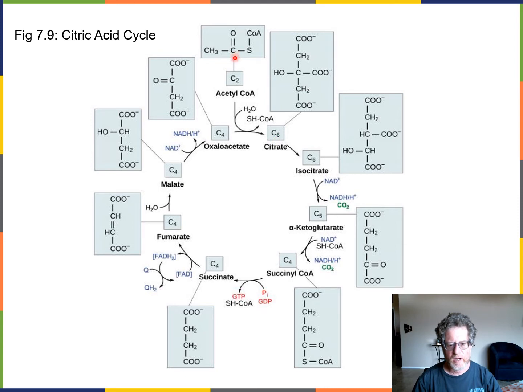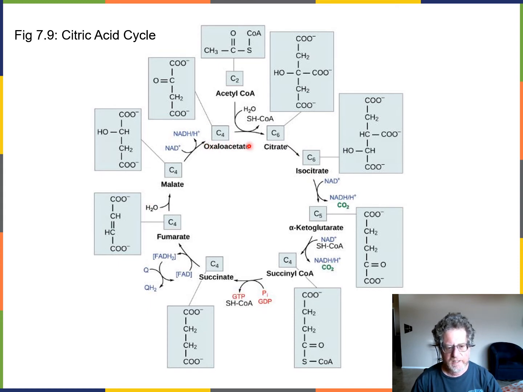So they drop off the C double bond O CH3, and then the SH CoA goes back to pick up another acetyl group. Okay, so the citric acid cycle gets its name because the very first product of the first reaction is citrate, or citric acid. Okay, a bunch of reactions will go around and regenerate the oxaloacetate.